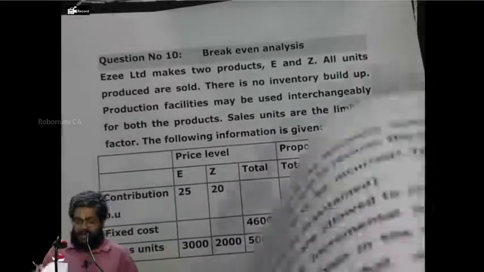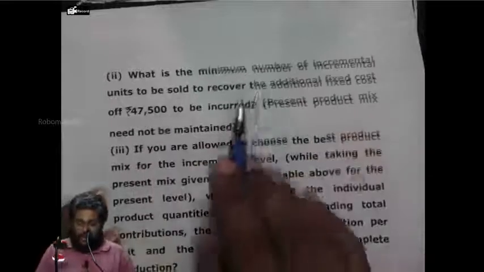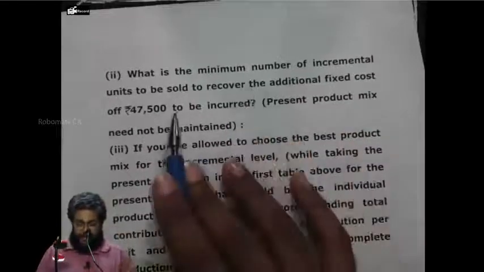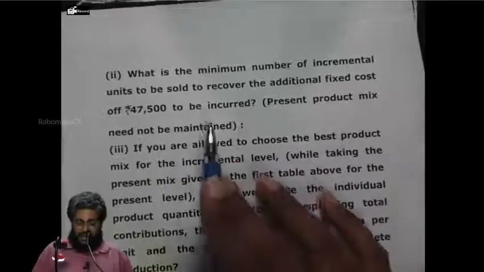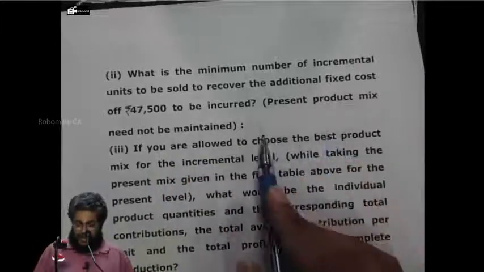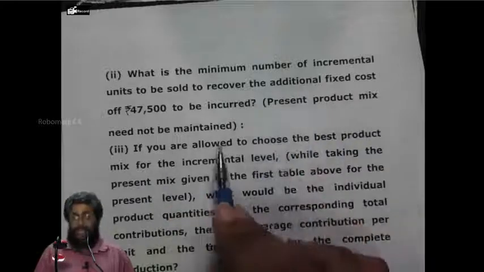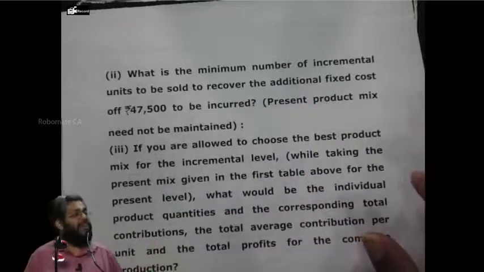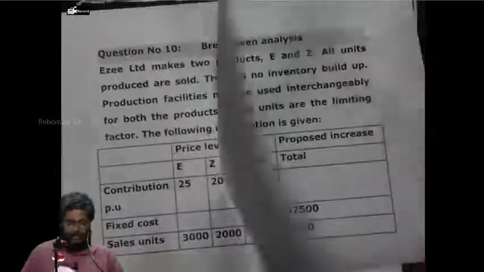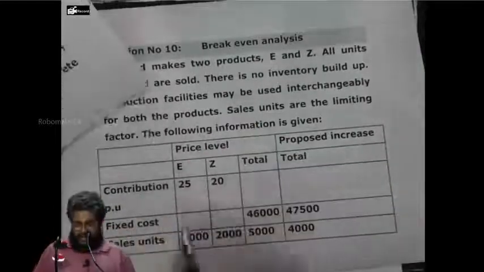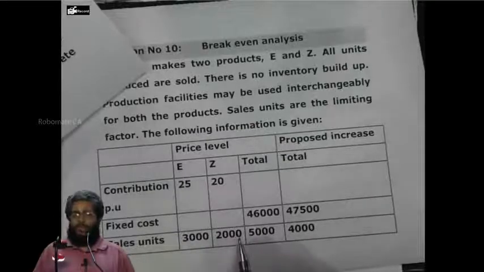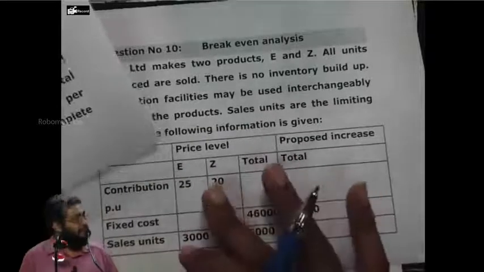Can I read the question or not? Now, see the question. What is the minimum number of incremental units to be sold to recover the additional fixed costs of 47,500 to be incurred? Present product mix need not be maintained. Are you following or not? Now, see. What normally we think is that this 3,000 and 2,000 will be sold.